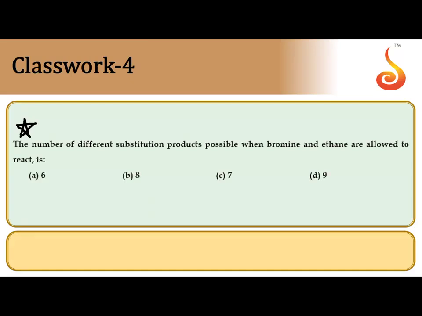The number of different substitution products possible when bromine and ethane are allowed to react. This is a very important question, very nice question. Bromine and ethane are allowed to react with each other. How? I will explain. To CH3, bromine is added.